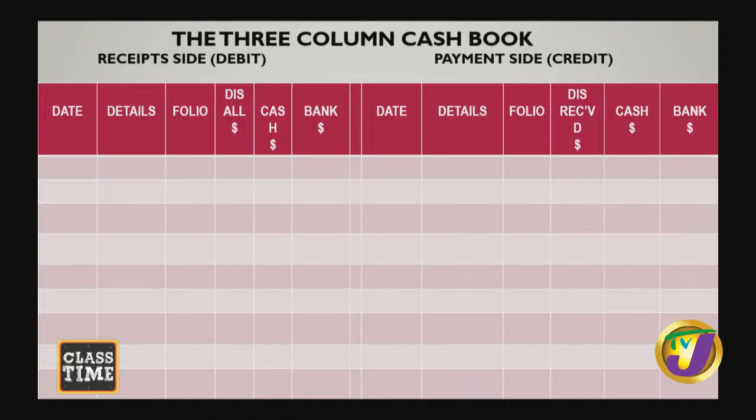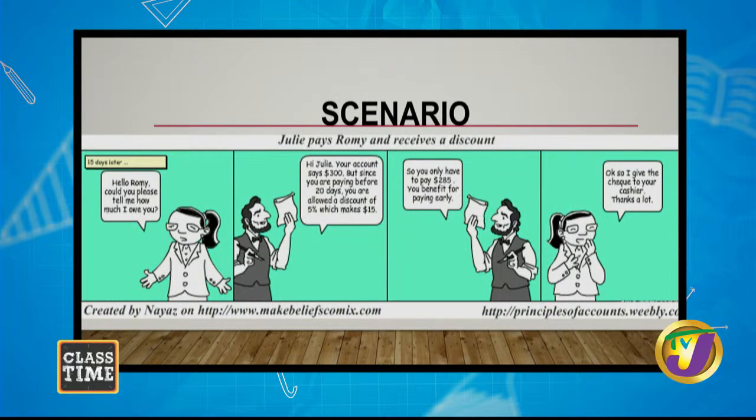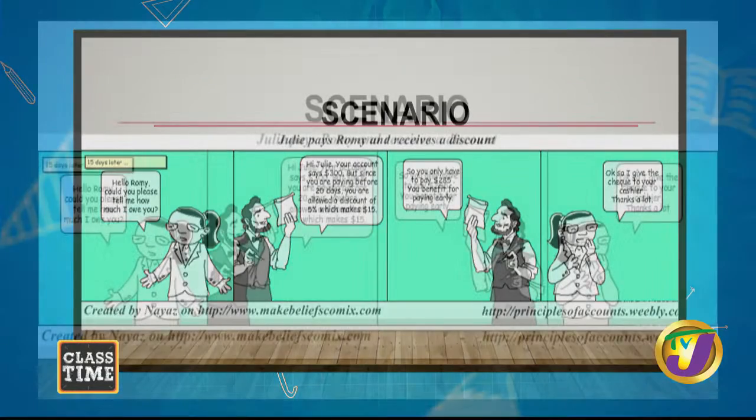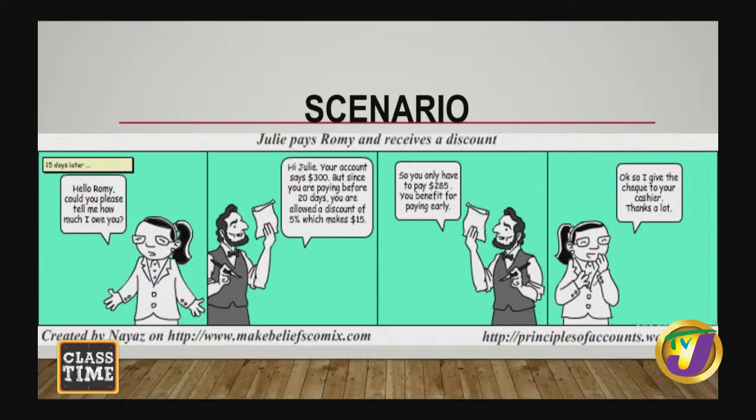look at this scenario. It involves Julie and Romy. 15 days ago, apparently, Romy had sold Julie some goods on credit. 15 days later, Julie comes. Hear her. "Hello, Romy. Could you please tell me how much I owe you?"